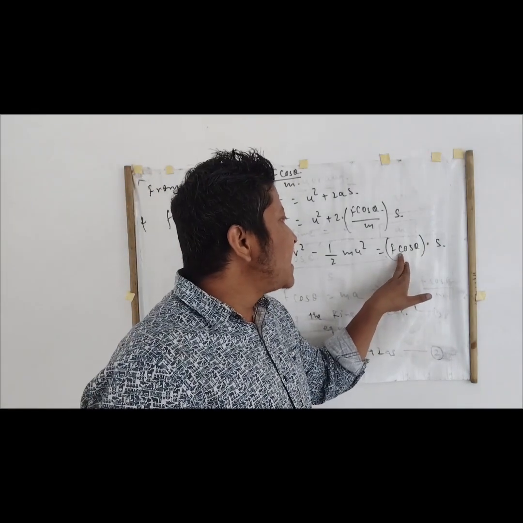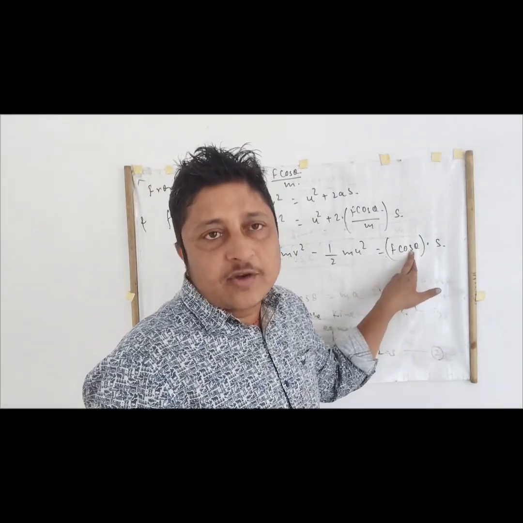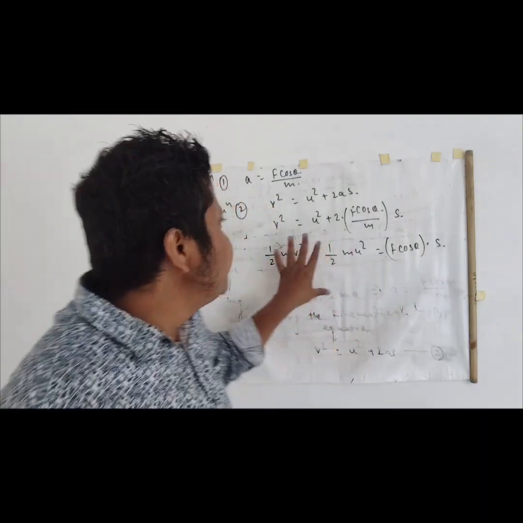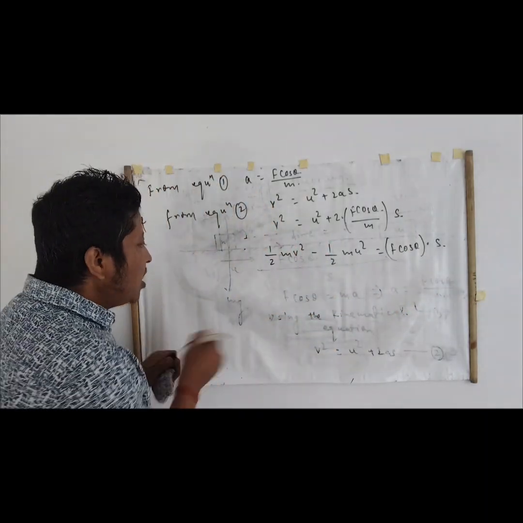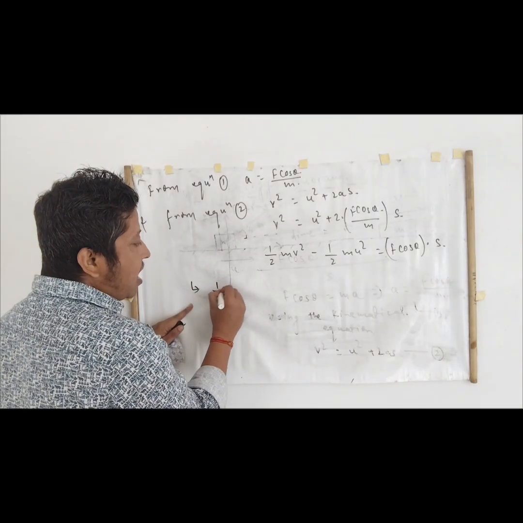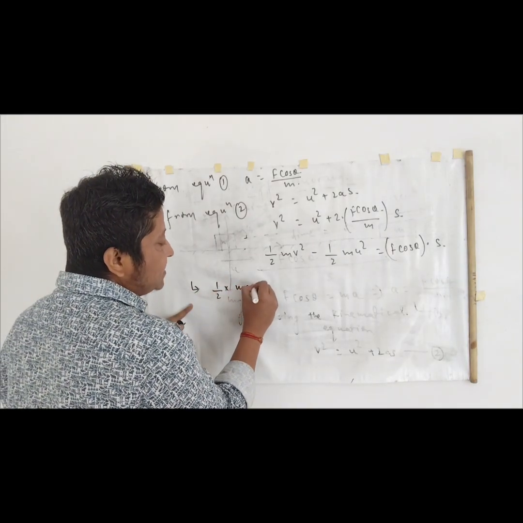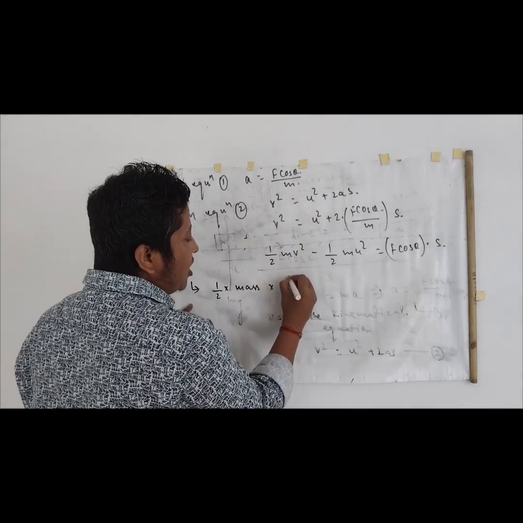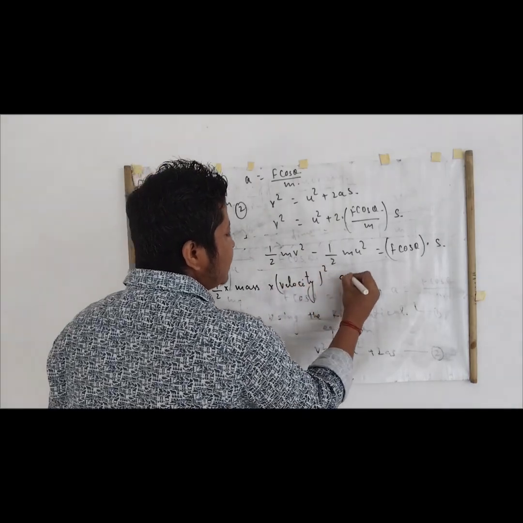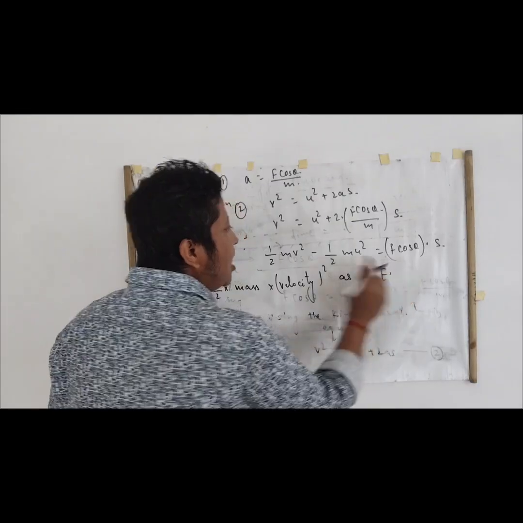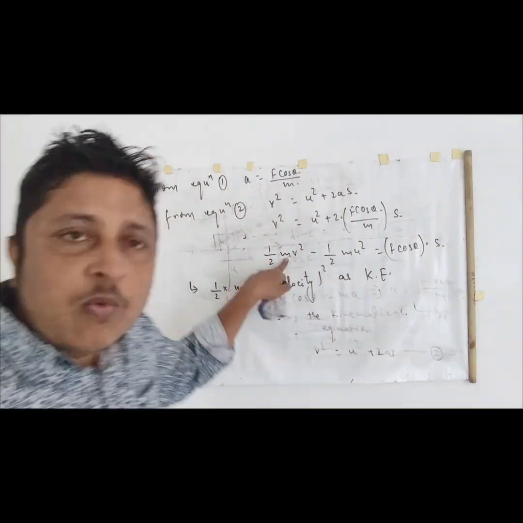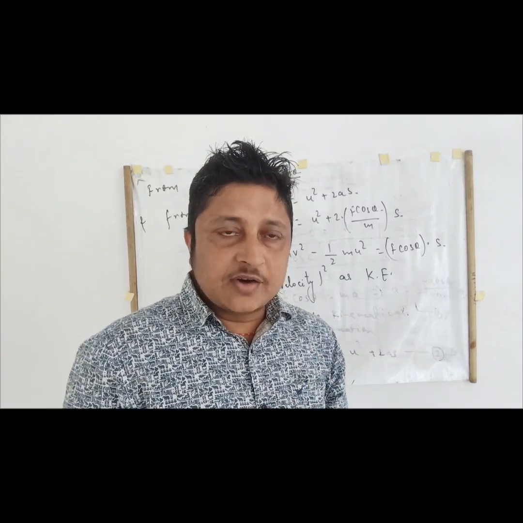In the RHS, there is F cos theta, the component of net force acting along the direction of displacement, and the displacement. We call the expression half into mass into velocity squared the kinetic energy.